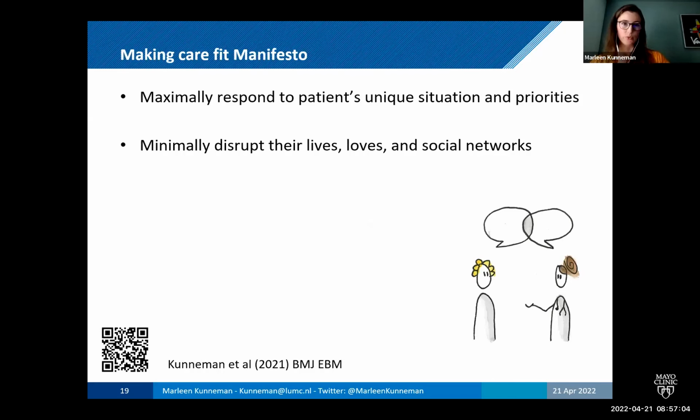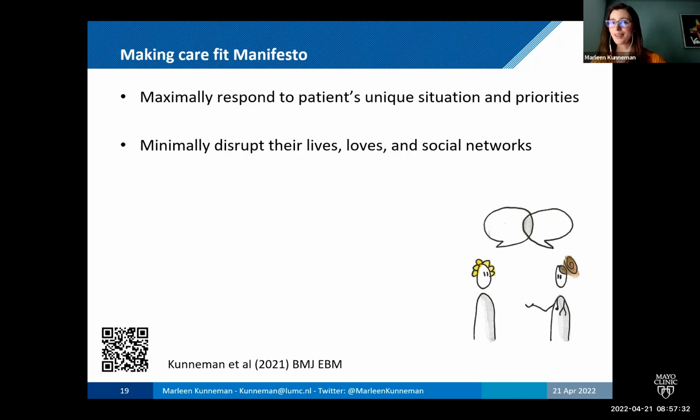So to go back to the manifesto, we have talked about what the problem is that shared decision-making is trying to fix. And we can see that there is a focus in literature on evaluating either the process or some kind of proxy outcome of shared decision-making. I think there's a lack of research looking at the goal of what shared decision-making is trying to achieve.